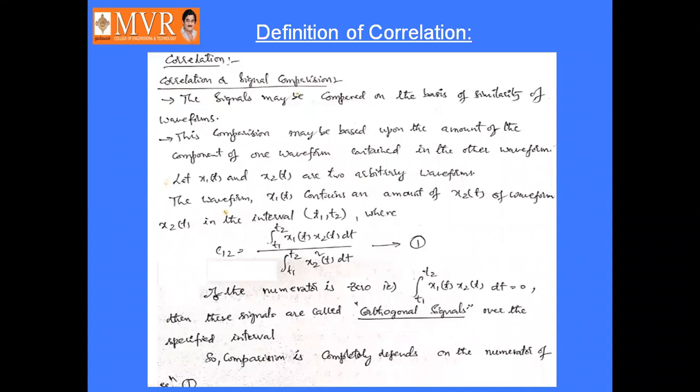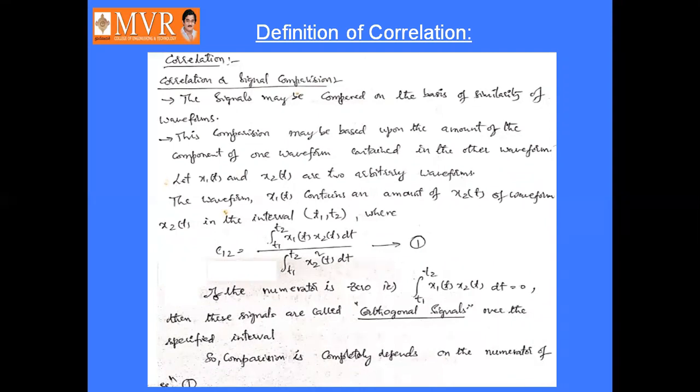These two signals are perpendicular to each other. Then we can say that these two signals x1(t) and x2(t) are orthogonal to each other. These are called orthogonal signals. The comparison completely depends on the numerator of equation number 1.